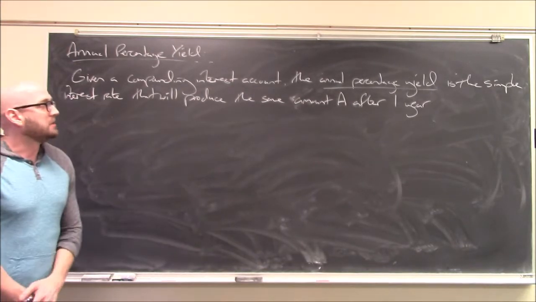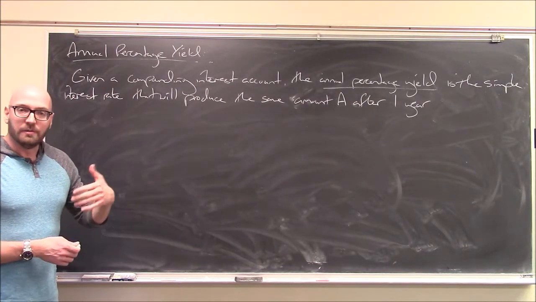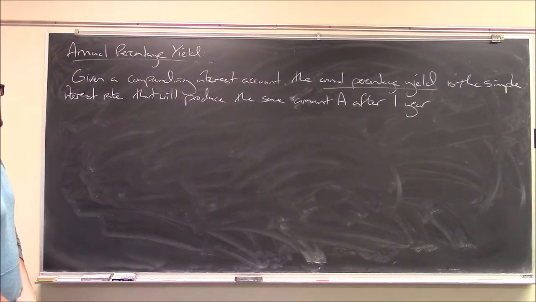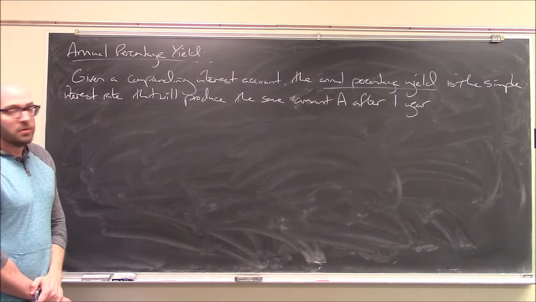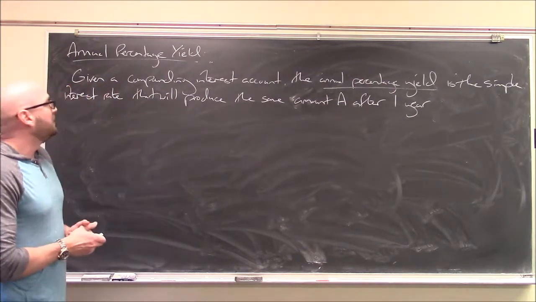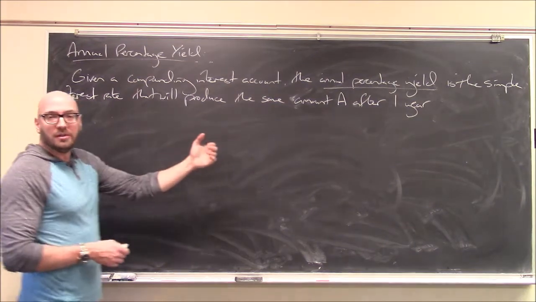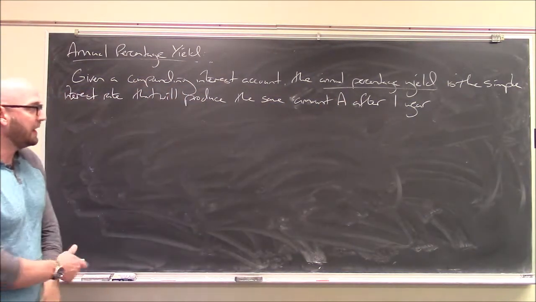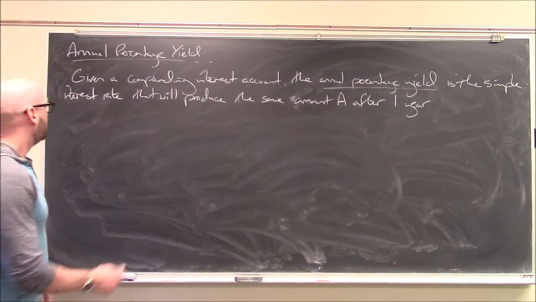The annual percentage yield, sometimes called the true interest rate or the effective rate, is the simple interest rate that would lead to the same amount after 1 year as your compounding account has in it after 1 year.